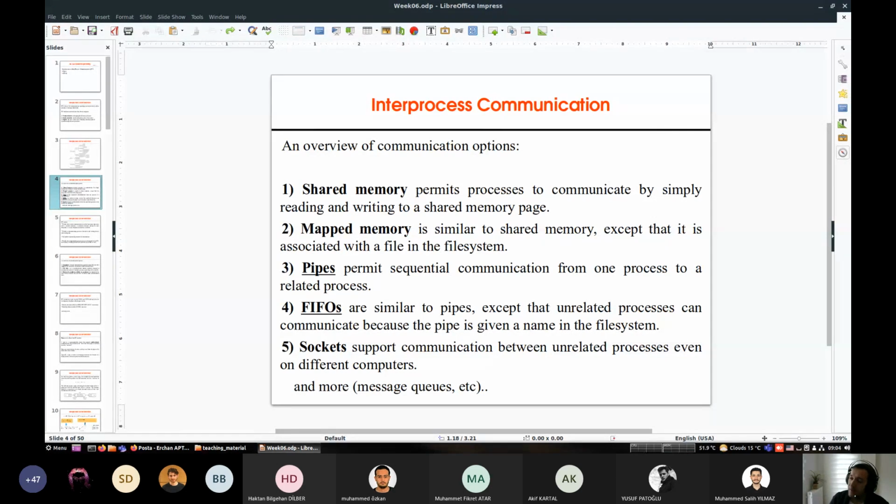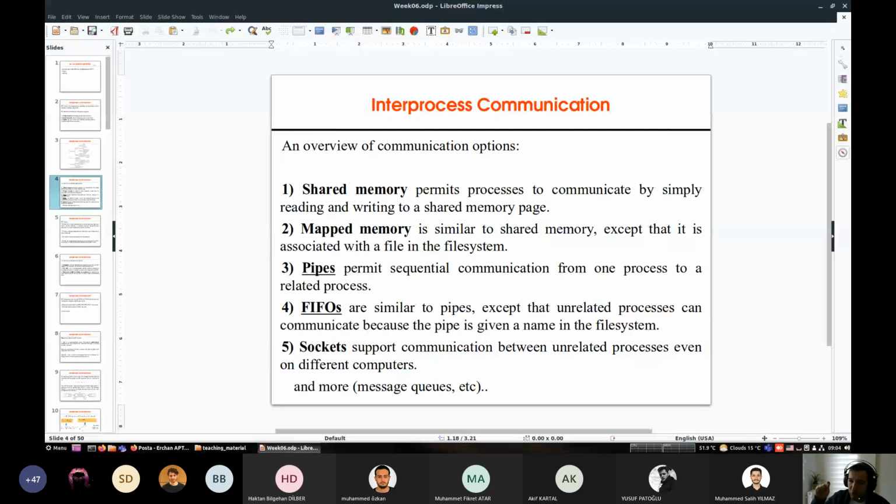Mapped memory, on the other hand, is similar to shared memory, but it is associated with a file in the file system. Just to give you the general idea, both processes select a certain file, they agree on that beforehand. We will talk about this in detail. This is just the introduction.